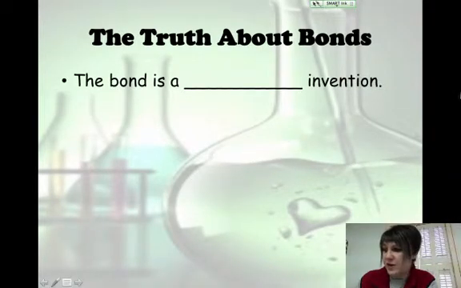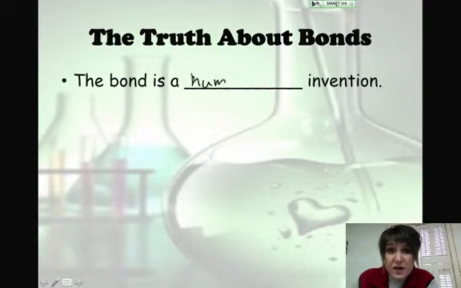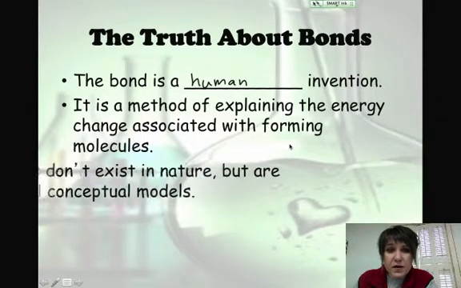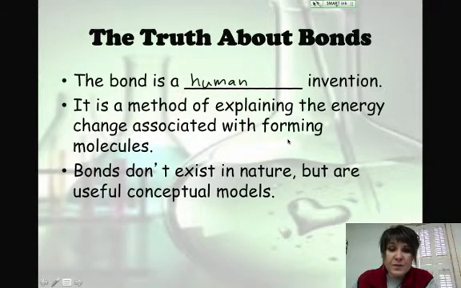So how does this work? Well, the truth about bonds is that a bond is simply a human invention. There is truthfully no such thing as a bond. It's just a way for us to explain the energy changes that are associated with forming molecules, because it's a model that we use to conceptualize how these atoms would join together.